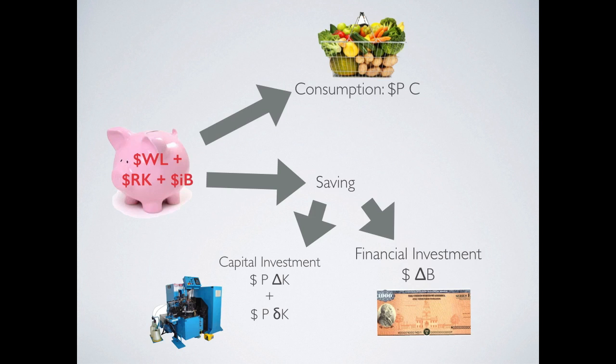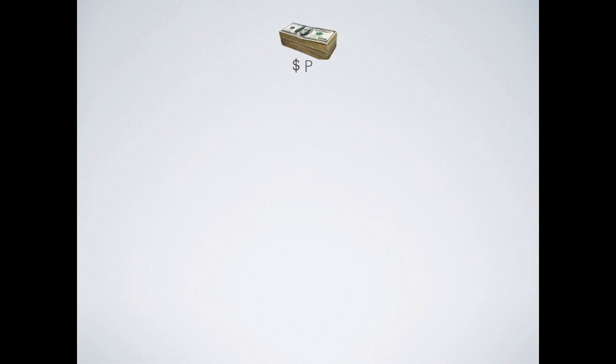And now we want to talk about how a household sets aside its saving money and allocates it between these two possible investment options. To understand the allocation of assets, suppose the household already decided to save P dollars.